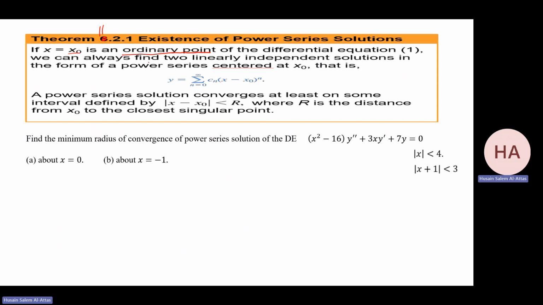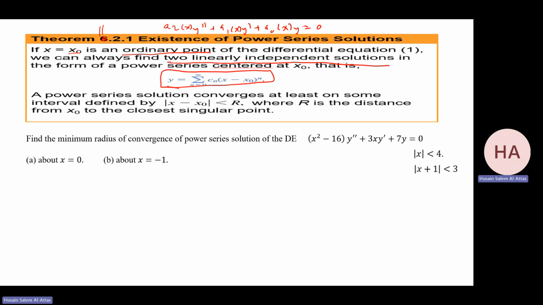Right away, we can always find two linearly independent solutions, second order. Don't forget my equation, a2 of x, y double prime plus a1 of x, y prime plus a0 of x, y equals 0. I can find two linearly independent solutions in this format.